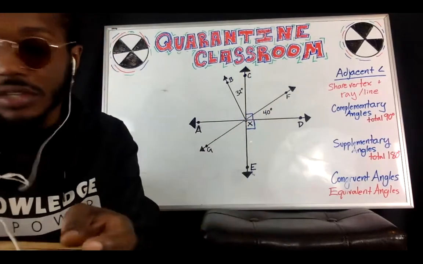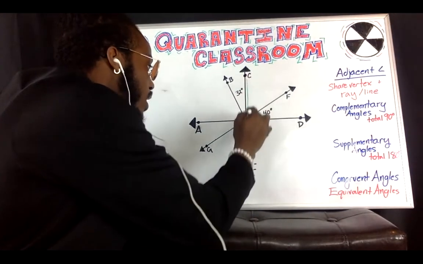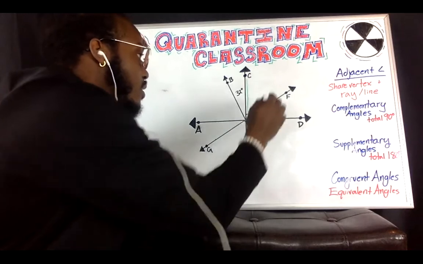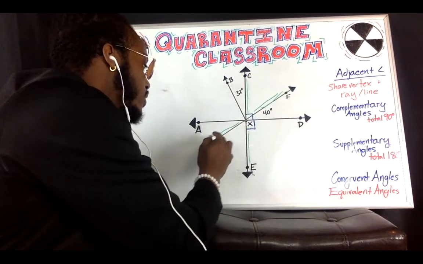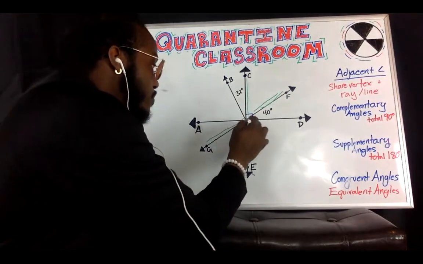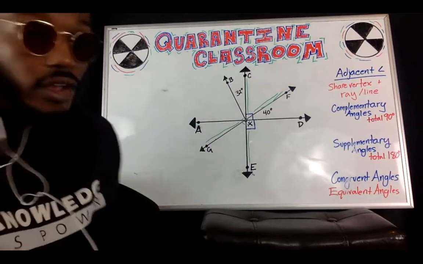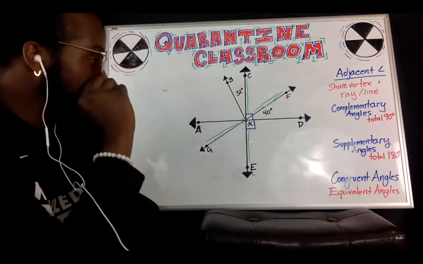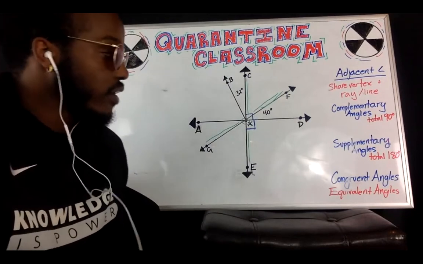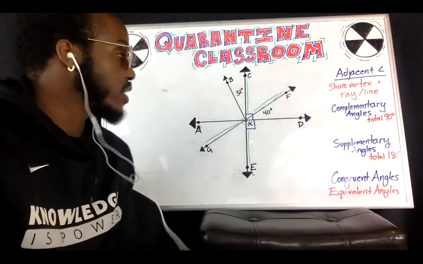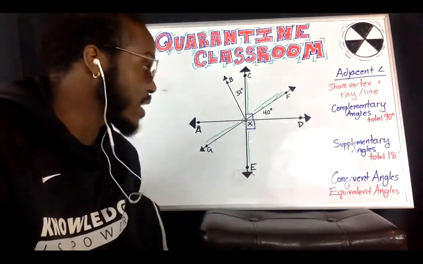So let me use a different color marker to show you guys. This is one line right here, and this is one line right here, and this is its vertex point. So these are adjacent angles. Okay. So every angle could have more than one adjacent angle. You have to make sure that one, it is sharing the same vertex and it is sharing the same line.